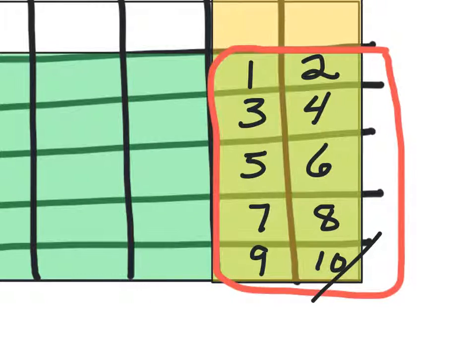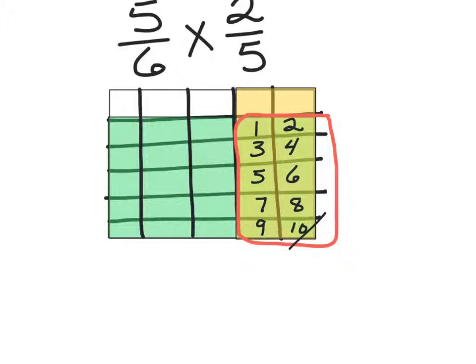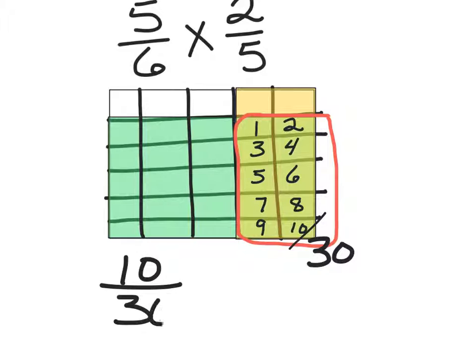Out of, and then we've got to count all of the boxes here. So 1, 2, 3, 4, 5 times 1, 2, 3, 4, 5, 6. 5 times 6 is going to give me 30. So I have 10 30ths. 10 30ths. And that right there, my friends, is your answer.